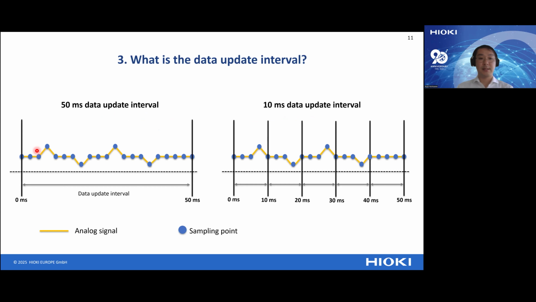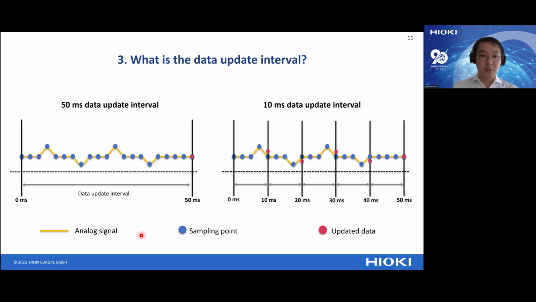Next is the data update interval and how it is different from the sampling rate. Just like before, the yellow line shows the analog signal, and the blue dots are the sampling points. So what happens if we change the update interval from 15 milliseconds to 10 milliseconds?